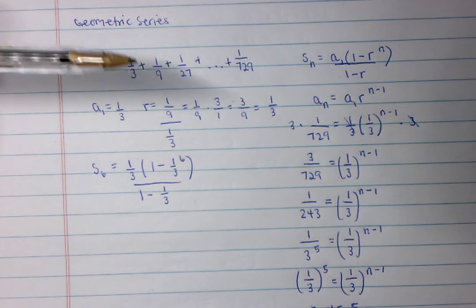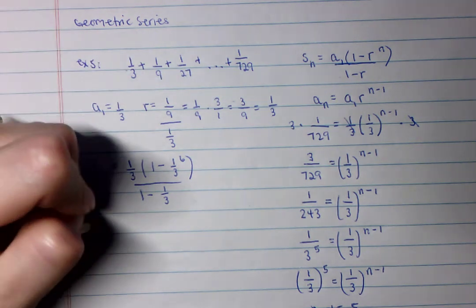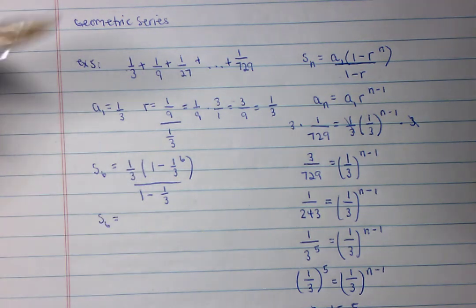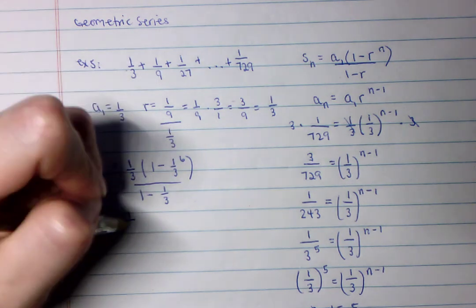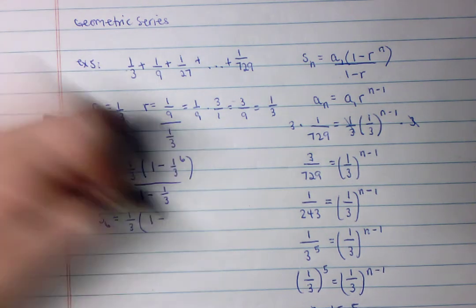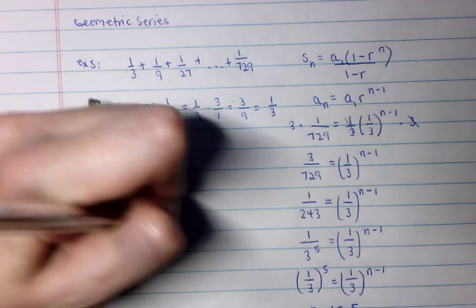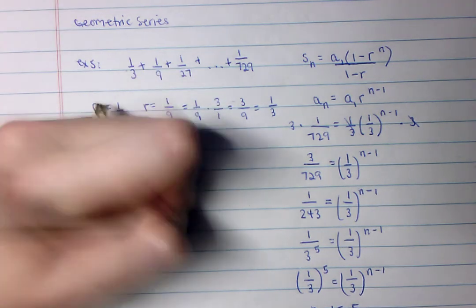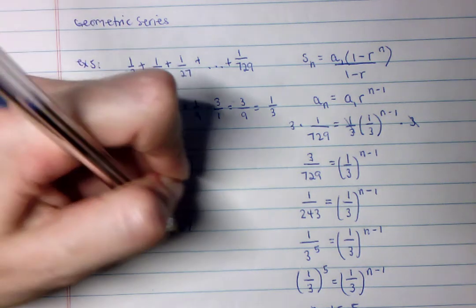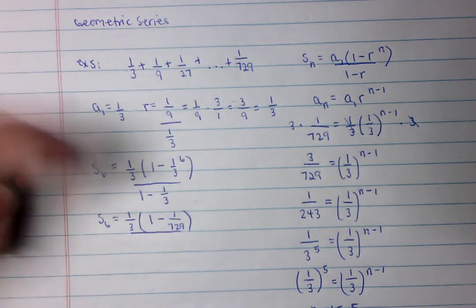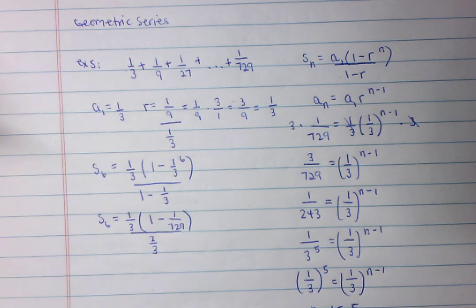And then we're going to end up getting our answer here. So the sum of the 6 terms here, 1/3 times 1 minus, and then 1/3 to the 6th power is 1 over 729. 1 minus 1/3 is 2/3.